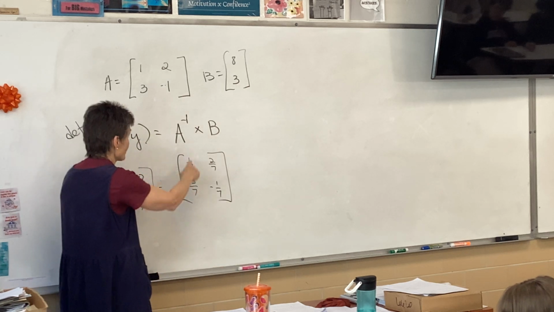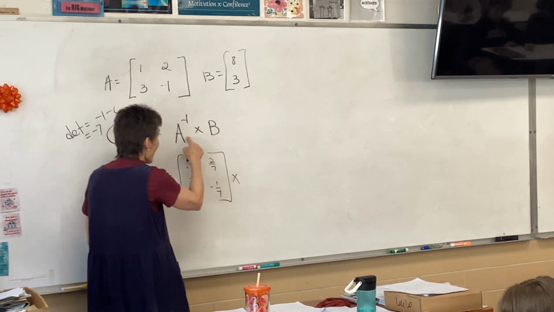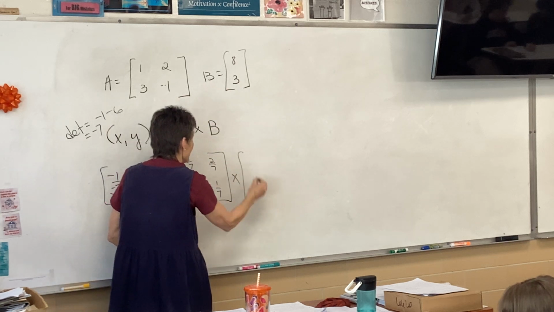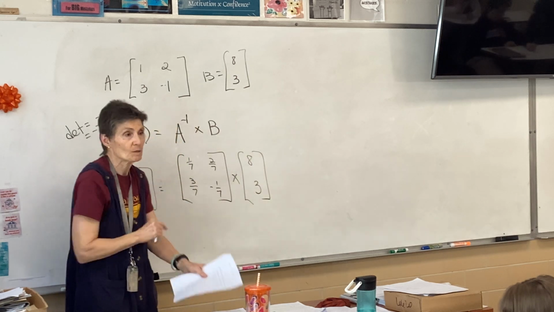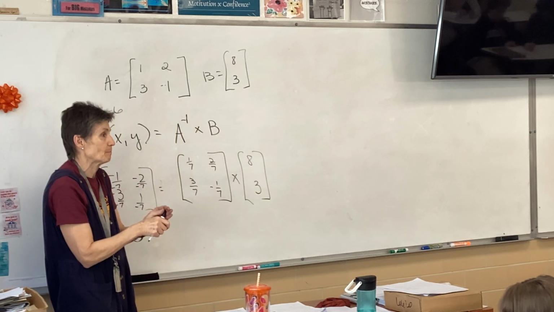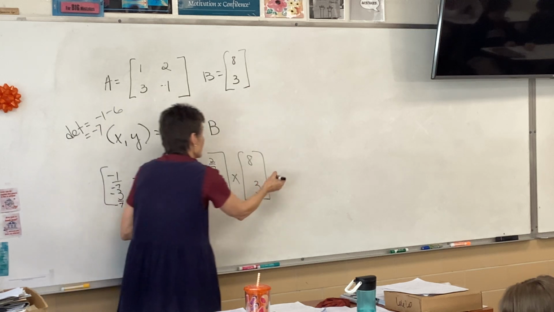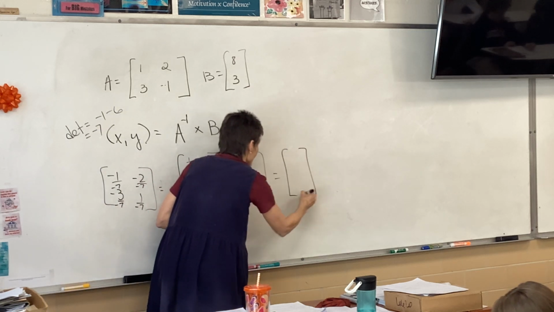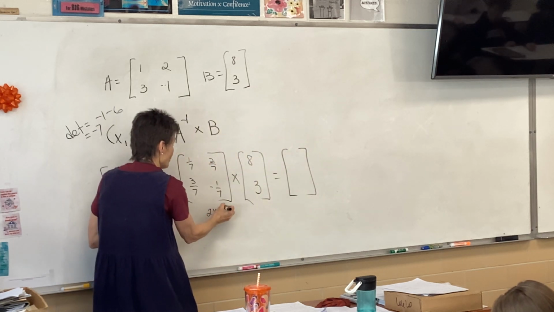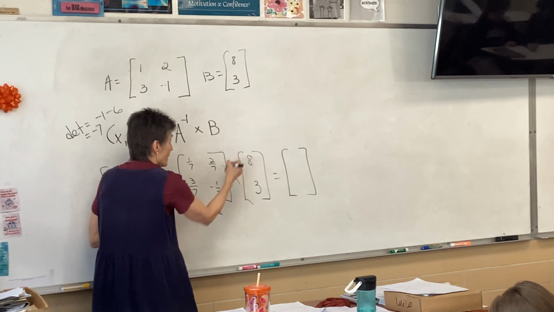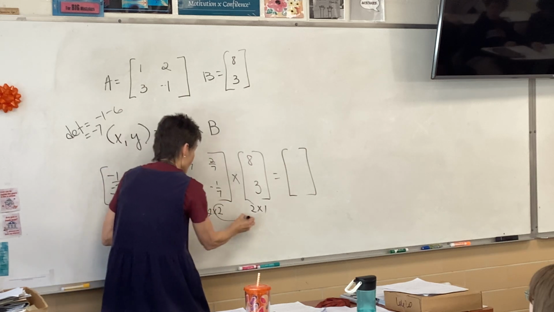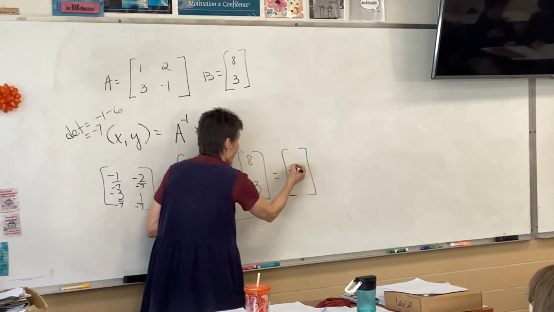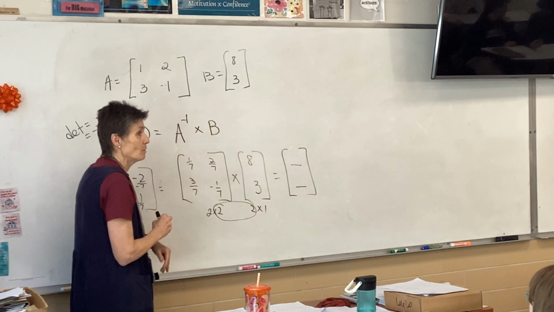That's the inverse. So now I'm going to take that times matrix B, which is exactly what your calculator did last time. Now, when I multiply these, notice guys, this is a 2 by 2, and this is a 2 by 1. So it's doable, and I'm going to get a 2 by 1.